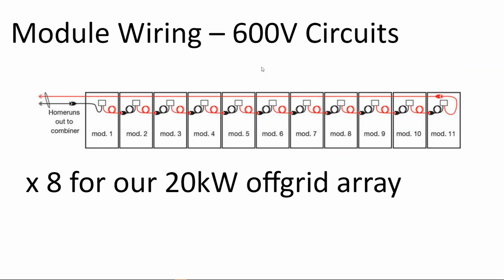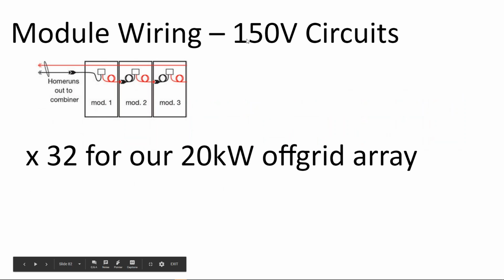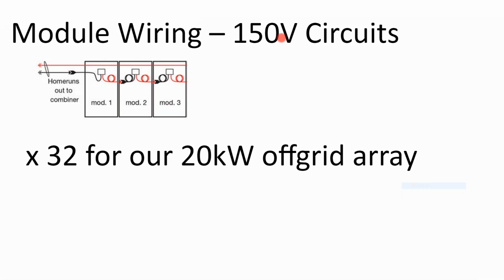What I'm saying with these two slides is you have to look out for charge controllers, because many of the charge controllers that are available are at much lower voltages than what solar installers are used to. You don't want to do 150 volt charge controllers on a commercial building, because 150 volts on a solar array only gets you to about 3 modules before you get to the end of your circuit.